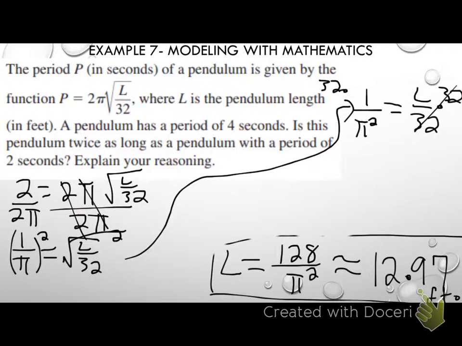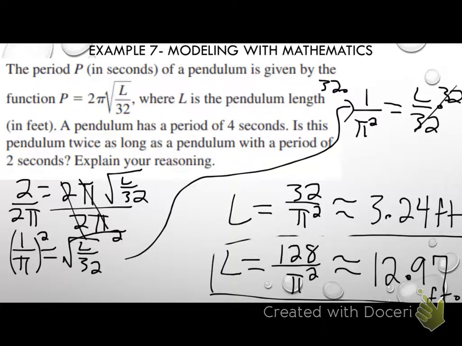What's 32 times 1? 32 over pi squared, which is approximately 3.24 feet. So there's the length of a pendulum with a period of 2 seconds.